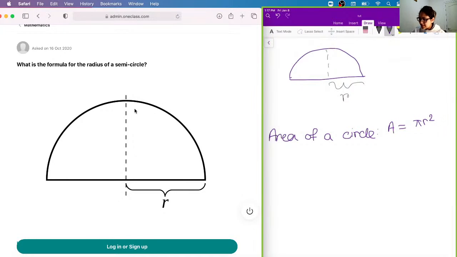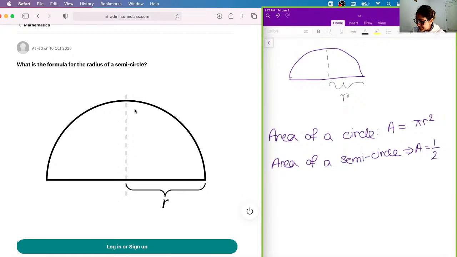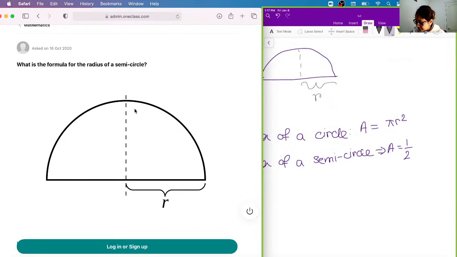As you can see, semi means half. So the area of a semicircle is equal to half of the area of a circle, so half pi r squared.